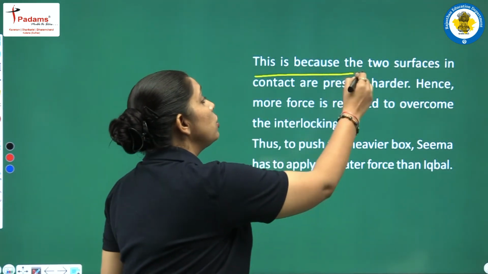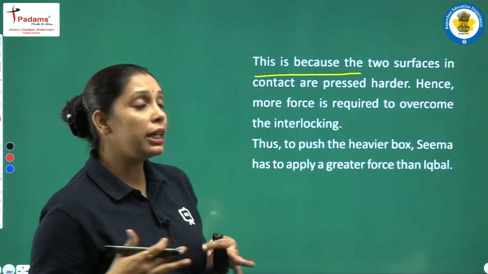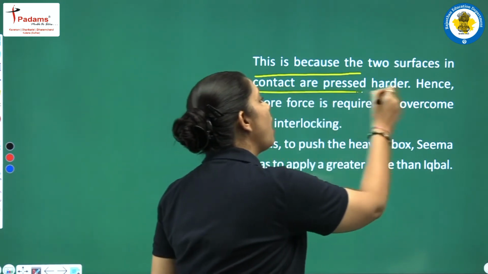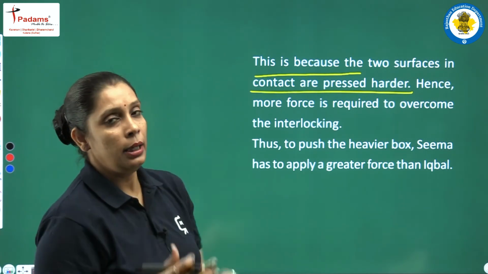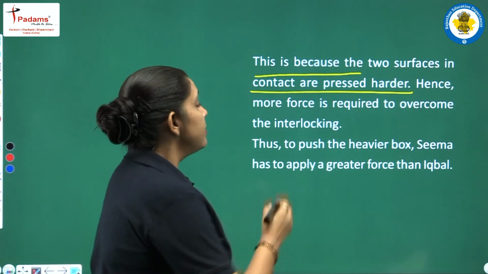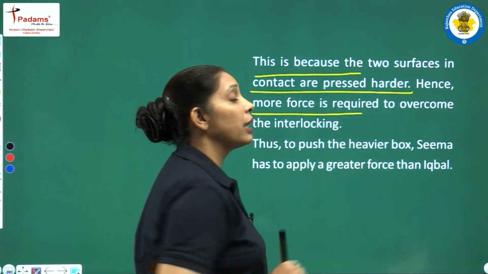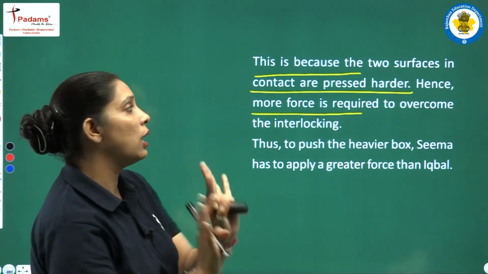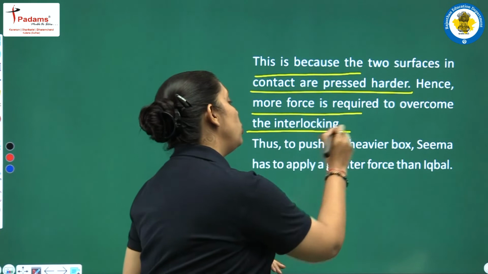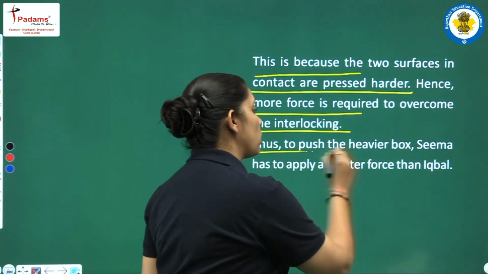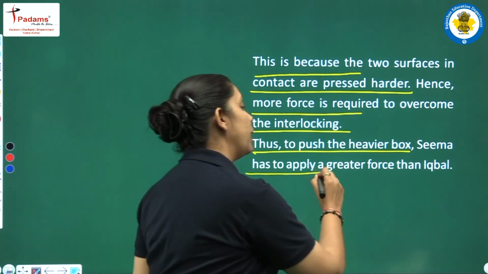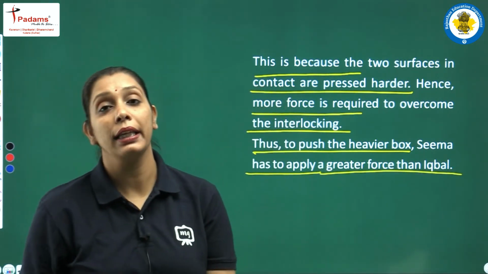This is because the two surfaces in contact are pressed harder. ठीक है, ज़्यादा pressure है. Hence, more force is required to overcome the interlocking. Thus, to push the heavier box, Seema has to apply a greater force than Iqbal.